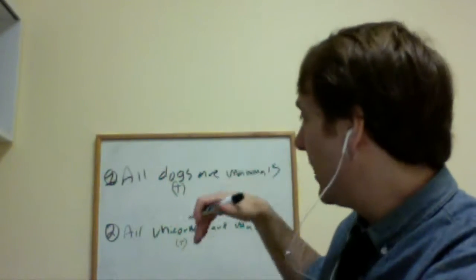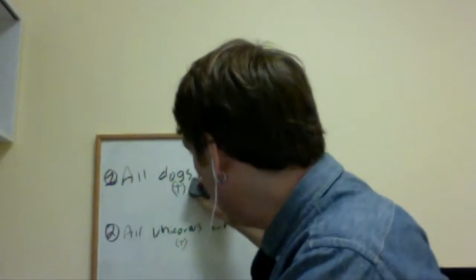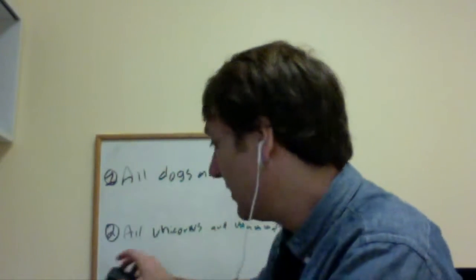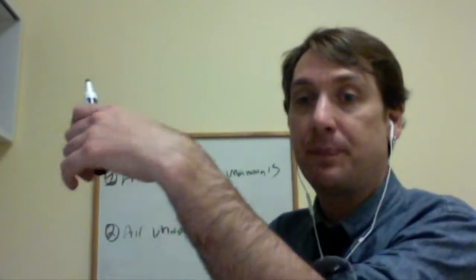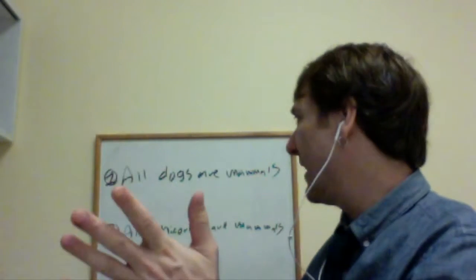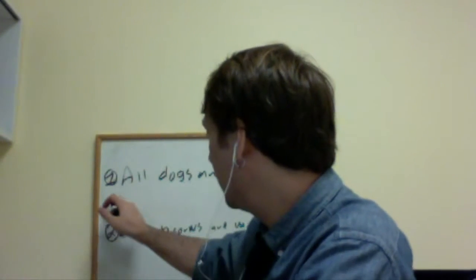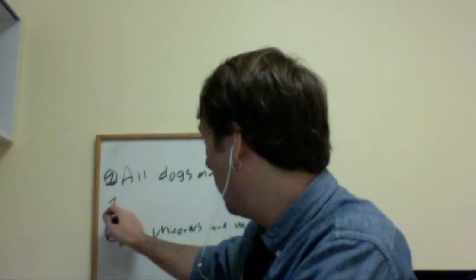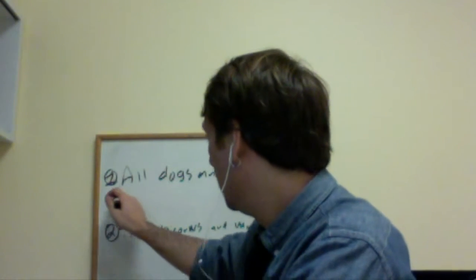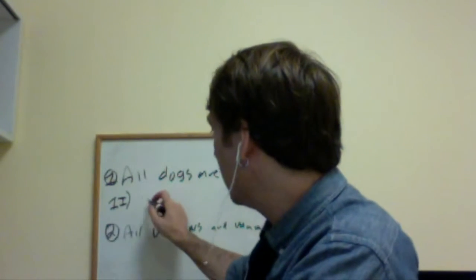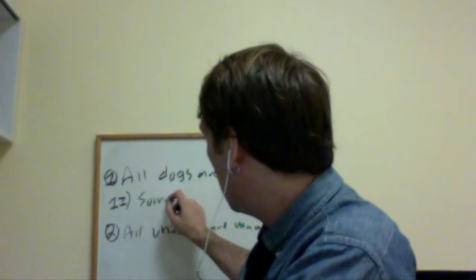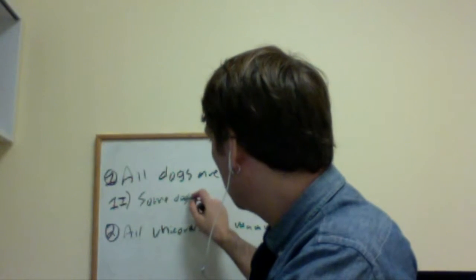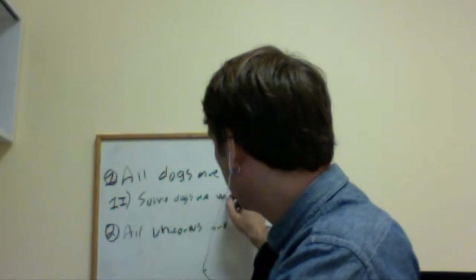But the question for us here is, what is the relationship between these sentences and the corresponding I sentence? So the I sentence here, we'll call this 1I. The I sentence here would be some dogs are mammals.